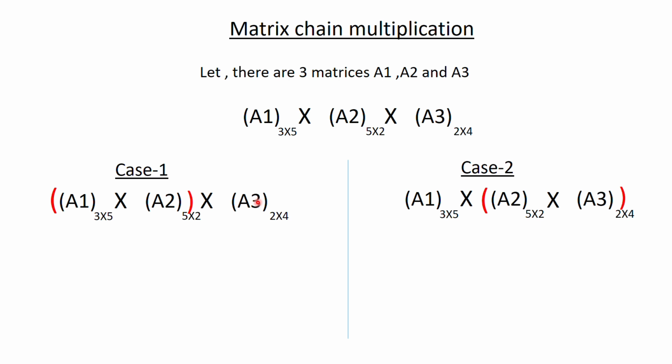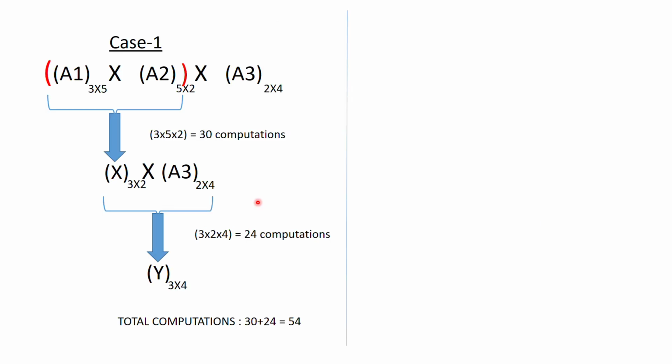As multiplication is associative for matrices, for both the cases the answer will be the same, but what will differ is computation. Now if we calculate for case 1, the first multiplication will take 30 computations and the last one will take 24 computations.